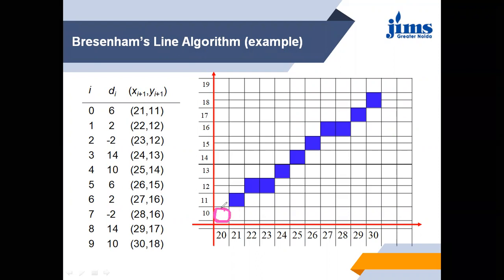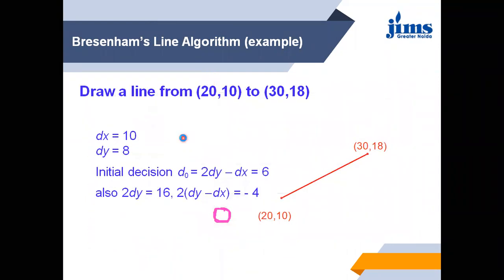From the last slide, you can say that we have to draw a line from (20,10) to (30,18).